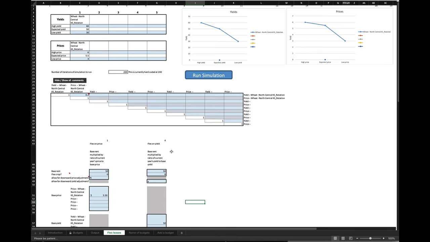I just did the first two simple ones to start with, but this is really an area that probably hasn't been explored too much by ag economists, trying to find a tool you can look at flex leases with and actually get some meaningful results back from. I think the only way we can do that, without doing a bunch of tables and looking at different comparisons, is through a simulation analysis like I'm doing.